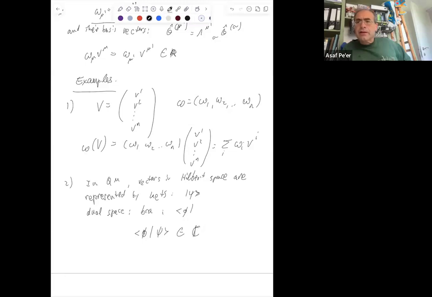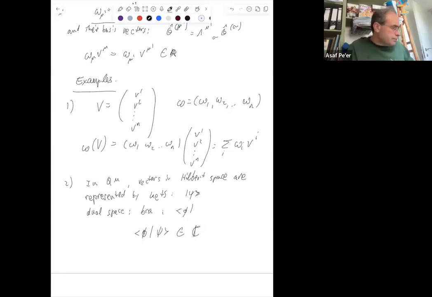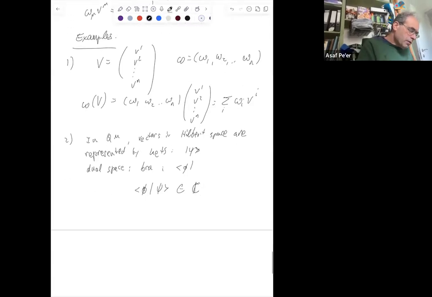The third example is a gradient. This is a scalar function phi.